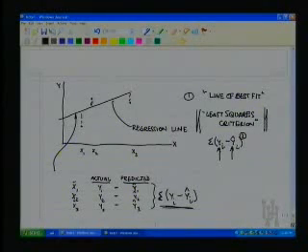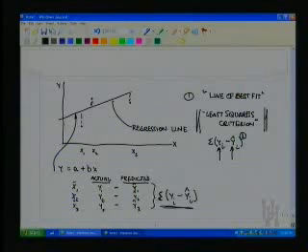In the old country, we said Y equals A plus BX. The form of an equation that describes any straight line is y equals a, some constant, plus bx.